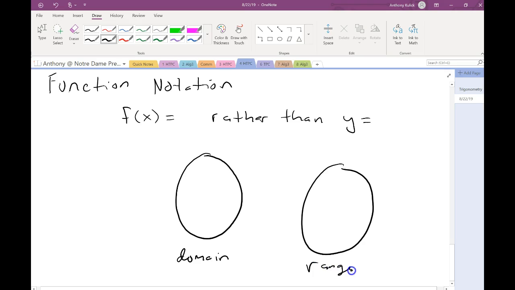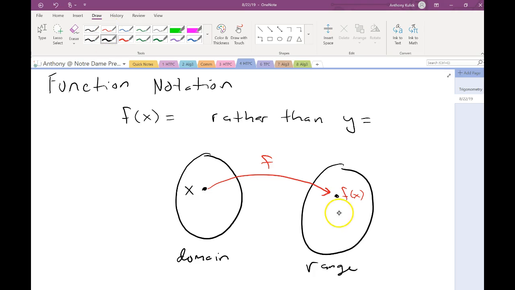So here's my domain and here's my range. So I have an x and I apply some transformation on that x. I'll call the name of that transformation f. This resulting value over here, I could think of as f of x. It's where x goes after I apply the transformation of f to it.